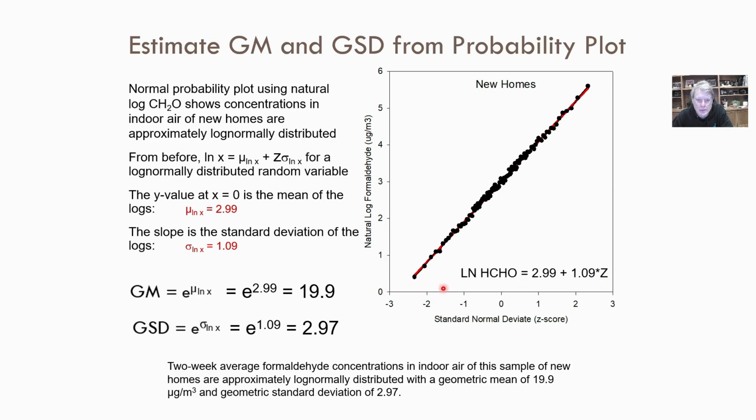So the average value, y bar, is 2.99, about right here. The standard deviation is 1.09. That means when you step one standard deviation, like from 0 to 1 on the x-axis, the y value will be up 1.1 log units larger than the mean.